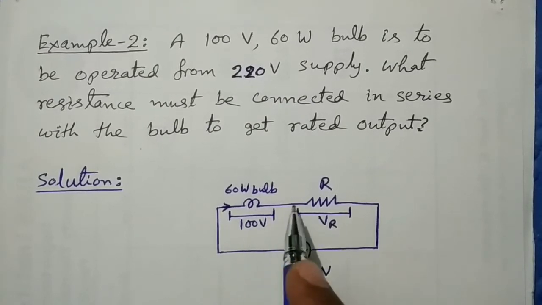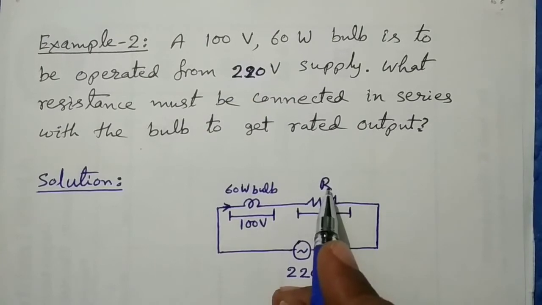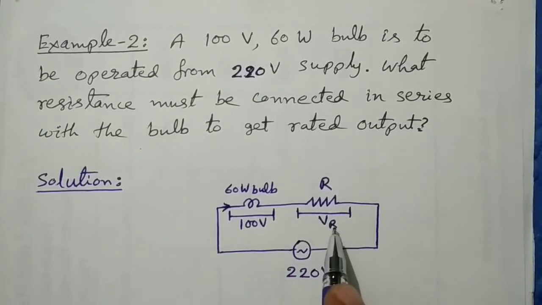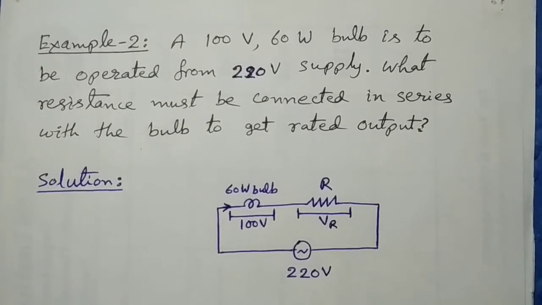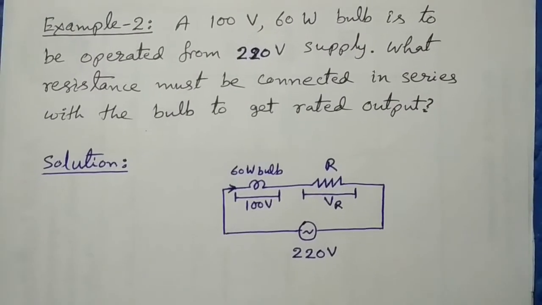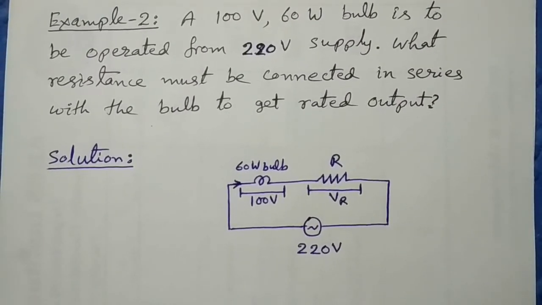With the bulb, we have connected a resistance R, and there will be a voltage drop across the resistance, and that will be VR. So here, if we apply the KVL in this loop, the KVL states that the sum of all the voltage drops should be equal to the voltage source.